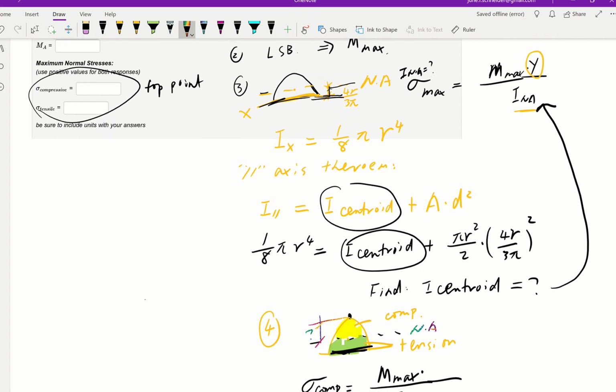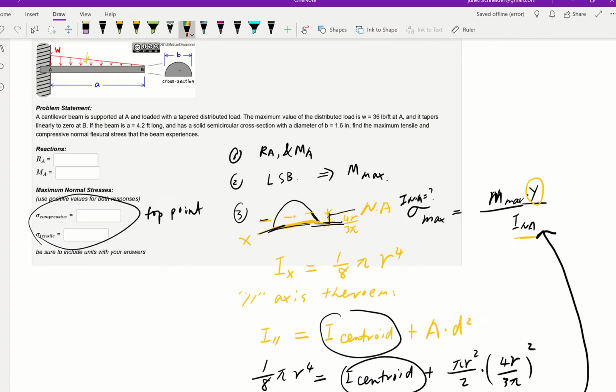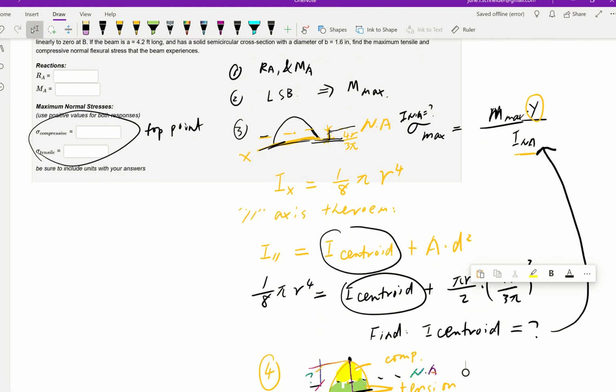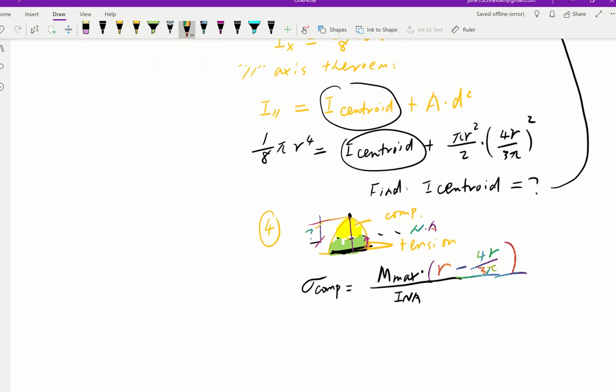Because the entire length is the radius, R, right? It's going to be R minus this distance right here. What's this distance? 4R over 3 pi. So that's for the top point, and that's going to give us compression.